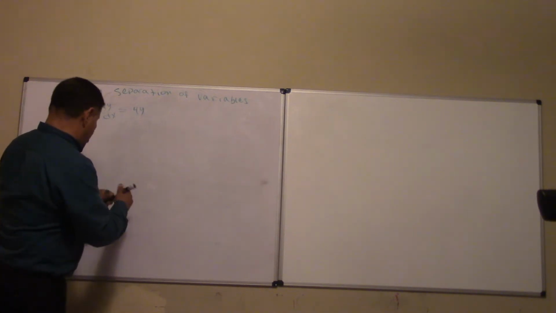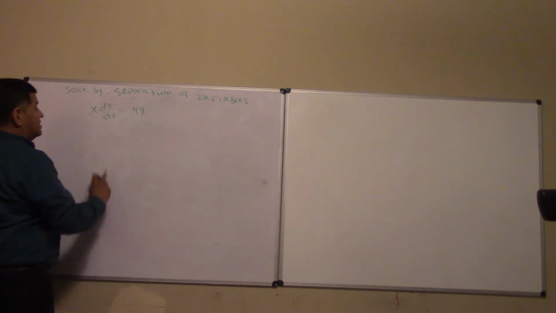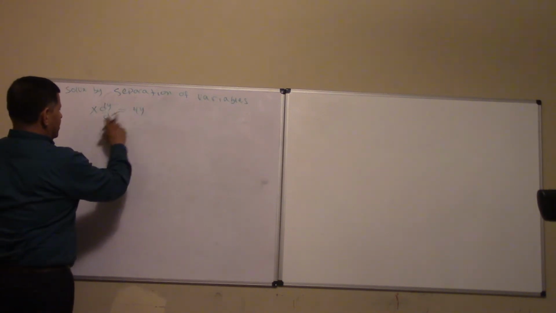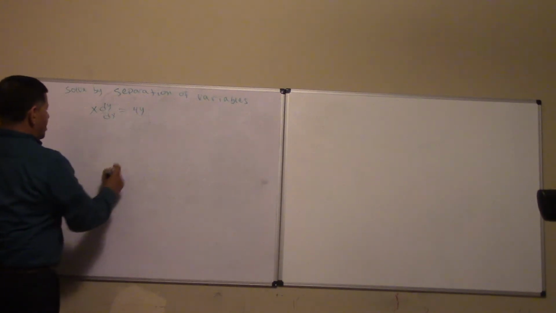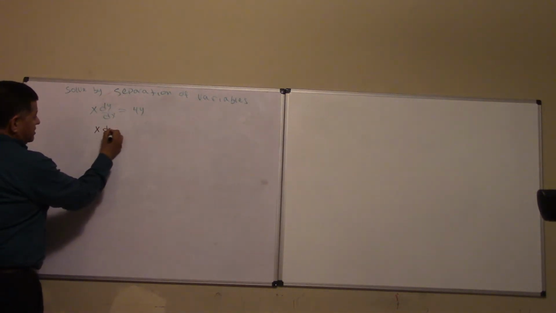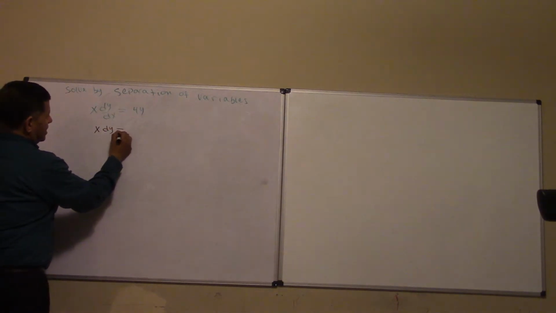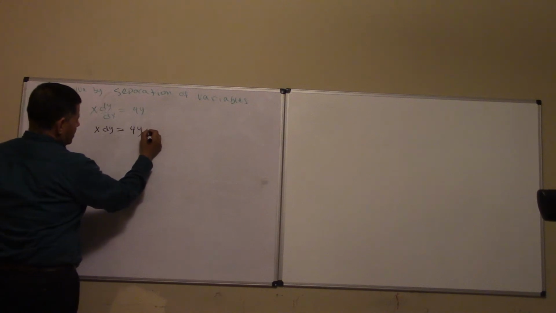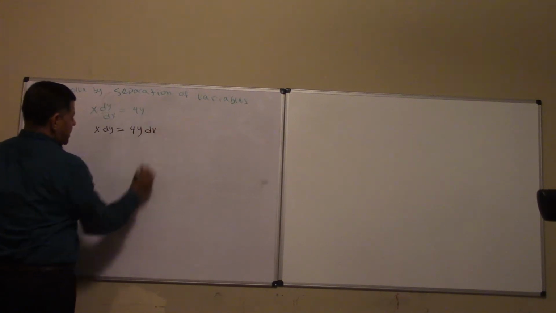So what we can do here is multiply by dx on both sides, and we will have x dy equal to 4y dx.